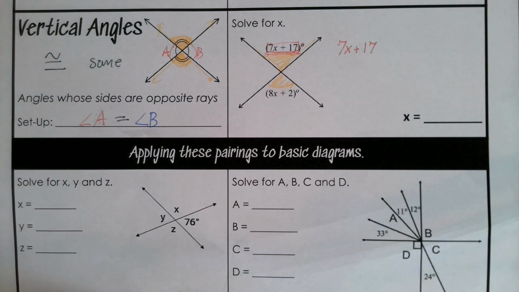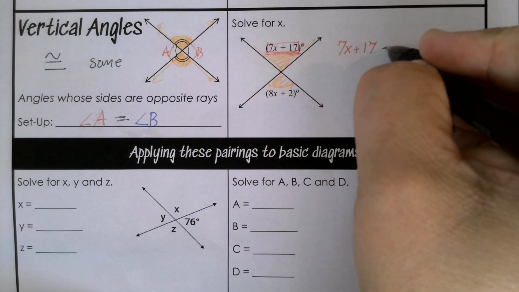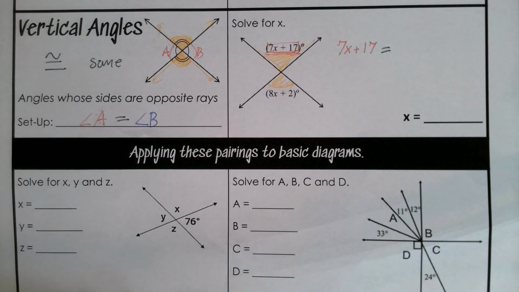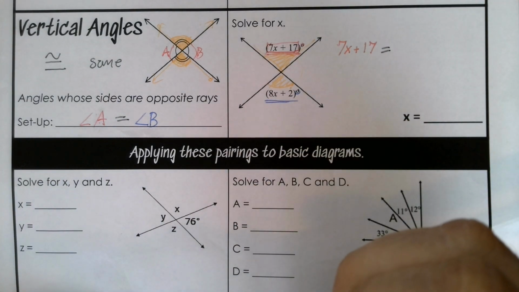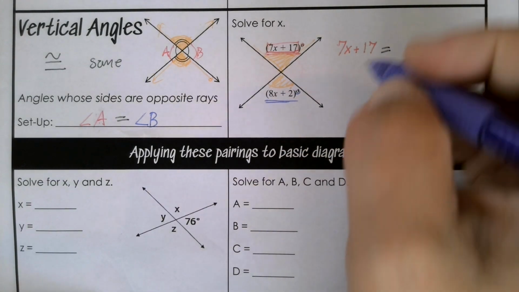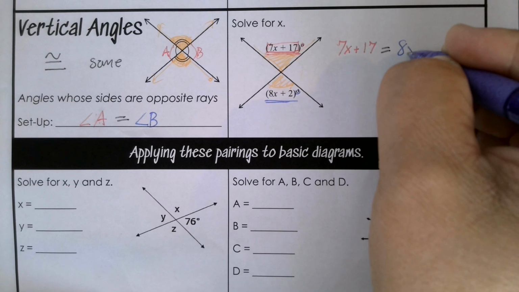Okay? And then I say that it is going to be the same amount as whatever our second angle is. This part, everything included with that degree. So it's the same as 8x plus 2.